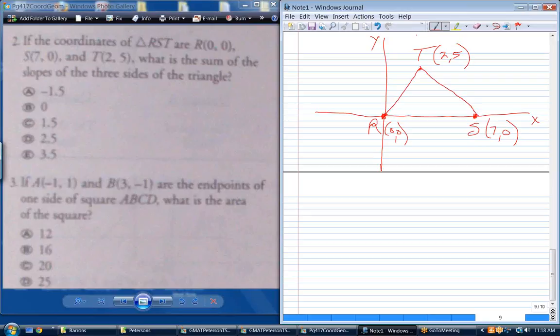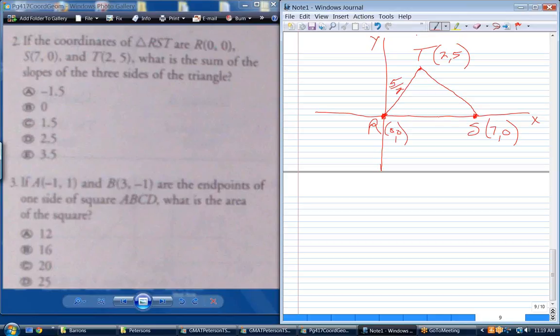Okay, so there's our triangle. What is the sum of the slopes of the three sides of the triangle? Well, you would have to calculate all three slopes. Okay, we can actually do it pretty easy. What's this slope here? It's 5/2.